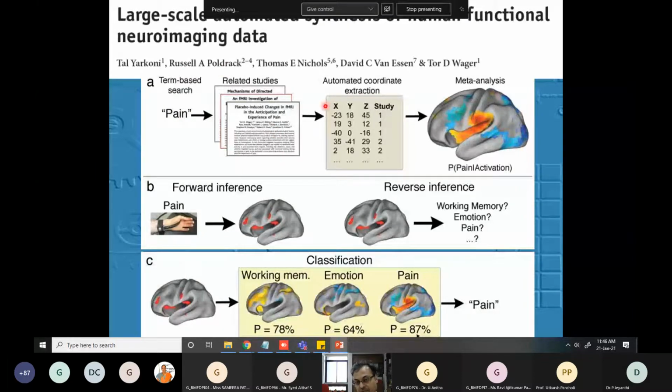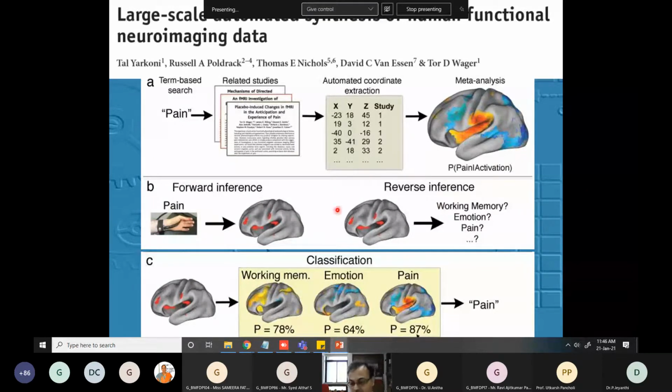As I said, you have the coordinates XYZ being reported. You put it together and do the meta-analysis. This is what I described. That tells you that for every study related to pain, the activity was most commonly found in these regions. That is known as forward inference.